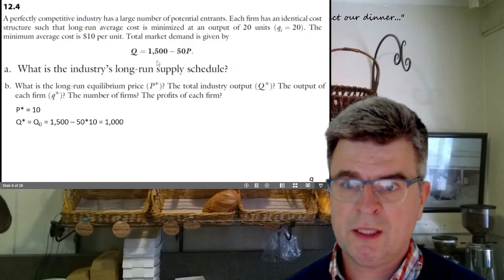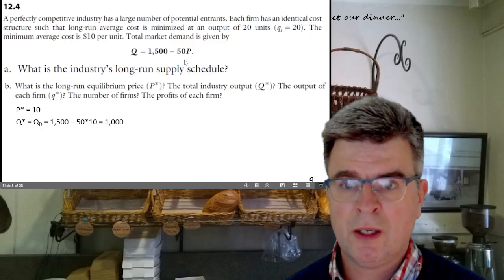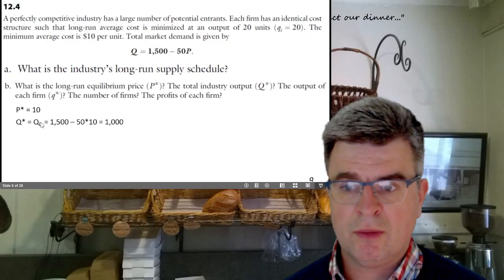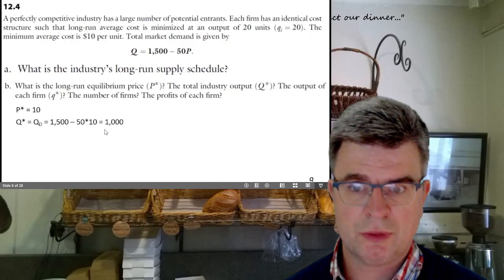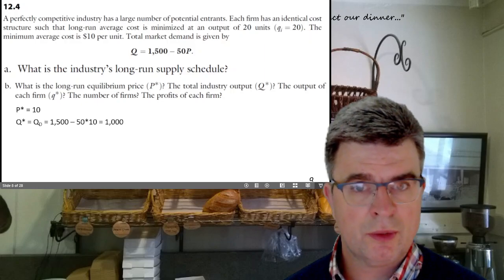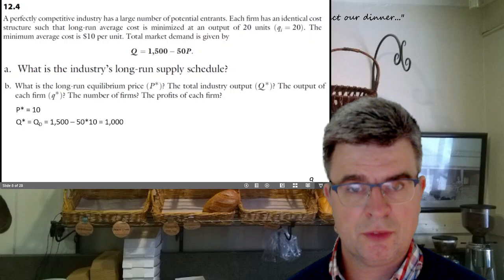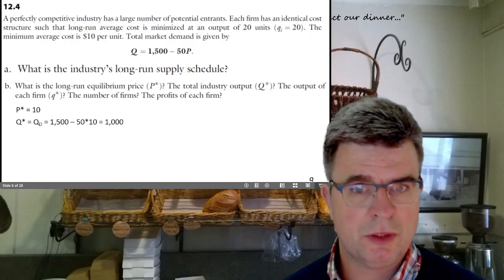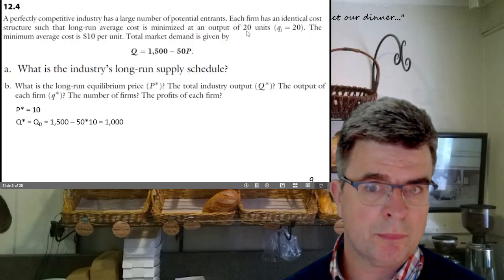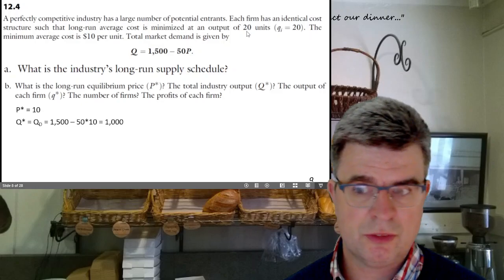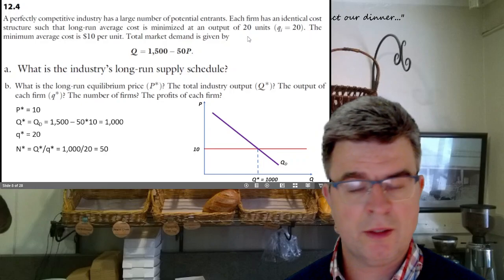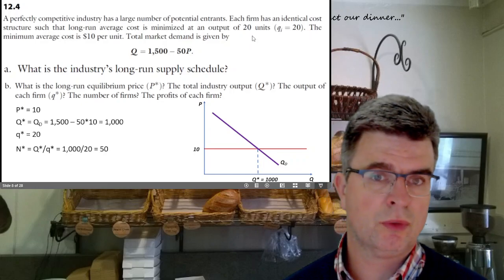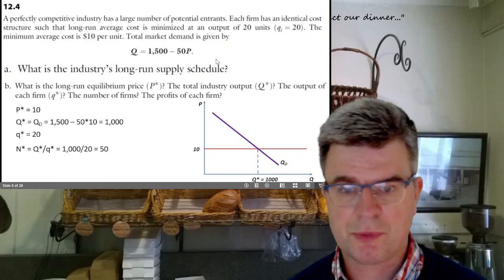And when we plug this into the market demand function, we get that demand at the price of 10 is equal to 1000 units. In the long run, demand equals supply, so also 1000 units need to be supplied. We know that each firm will produce 20 units, so the total number of firms will be 1000 divided by 20. So in the long run equilibrium, we will have 50 firms.